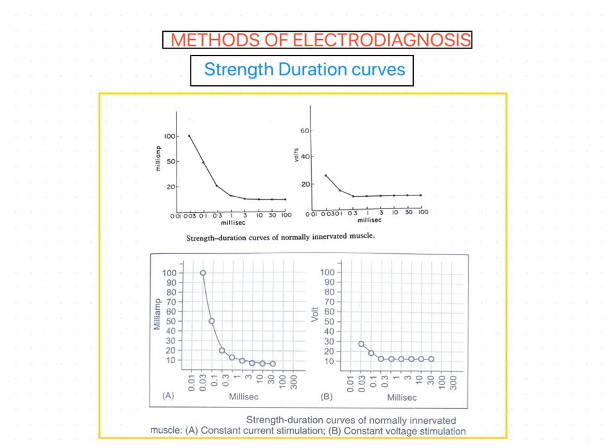It is also called the intensity duration curve. Simply, we can call it the SD curve. What do we call the SD curve? It is the plotting of strength of impulses of various durations required to produce contraction in a muscle.